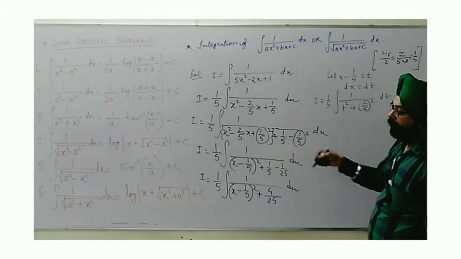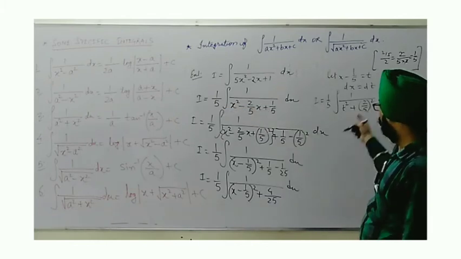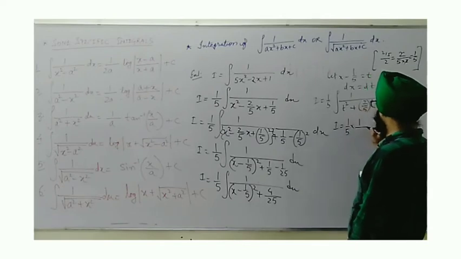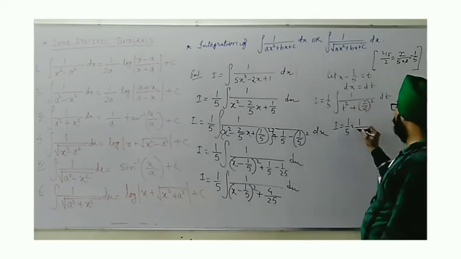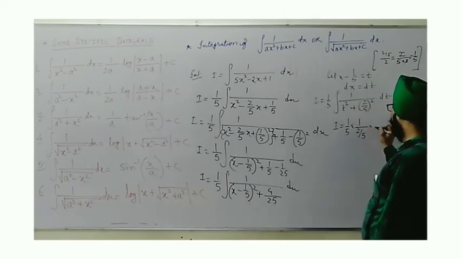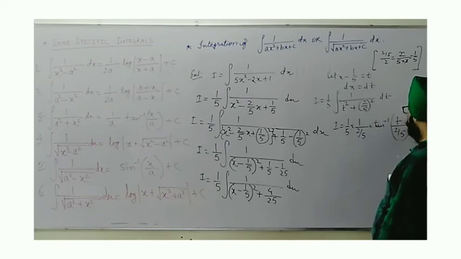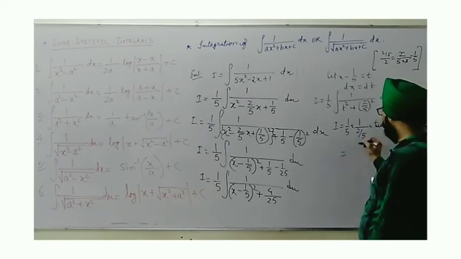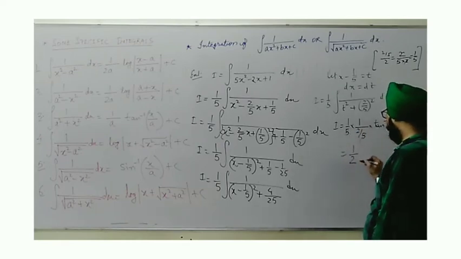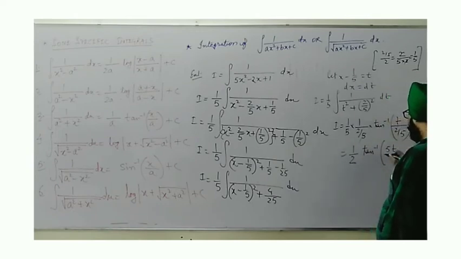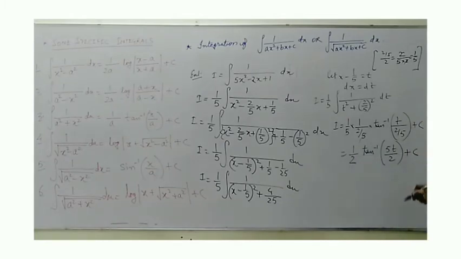This can be compared to identity number 3. So directly we will get I as 1 by 5 into 1 upon a, where the value of a is 2 by 5, into tan inverse of t upon a, so t upon 2 by 5, plus c. Solving, the 5 and 5 cancel out, we are left with half tan inverse 5t by 2 plus c, and the value of t was x minus 1 by 5.